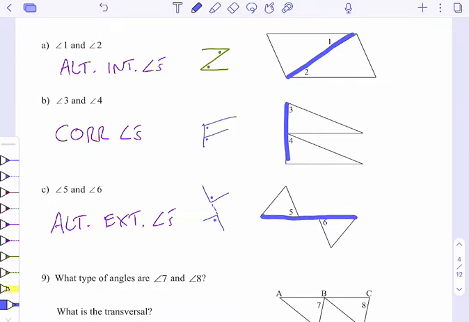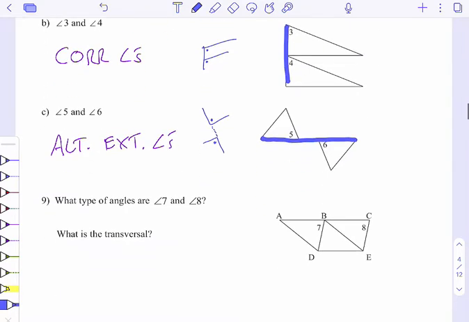I'm going a little bit fast here. Is there any question about this? All right, try this one on your own. Number 9.